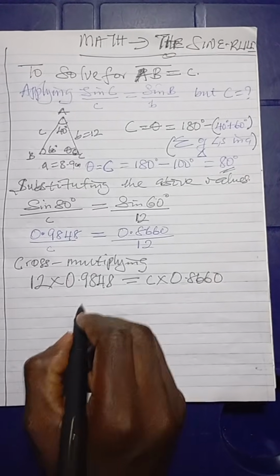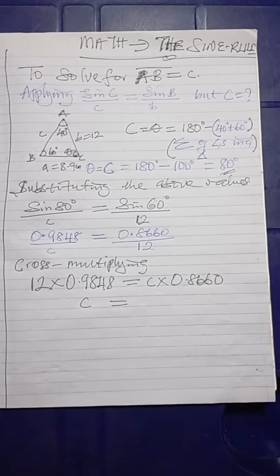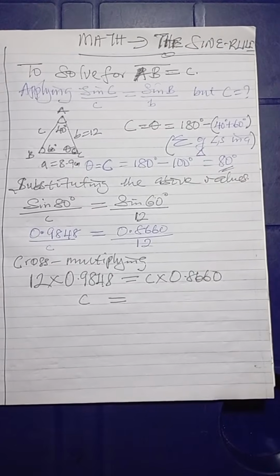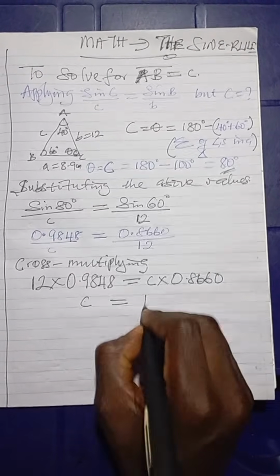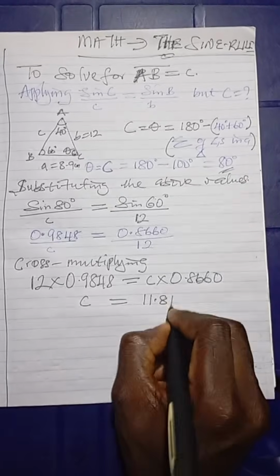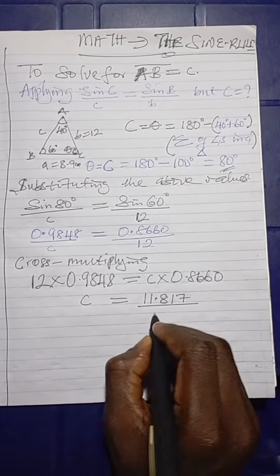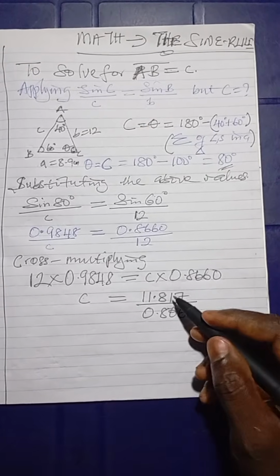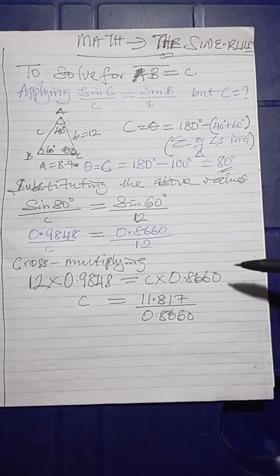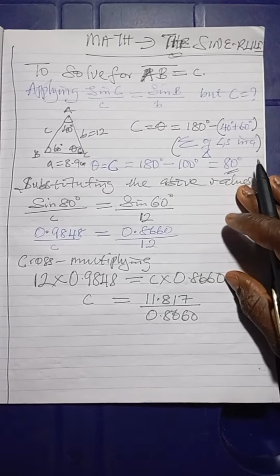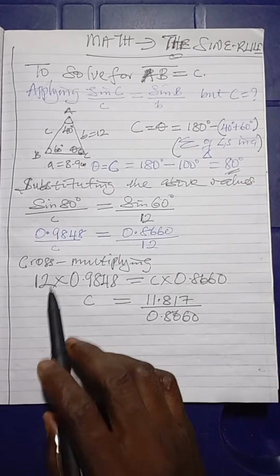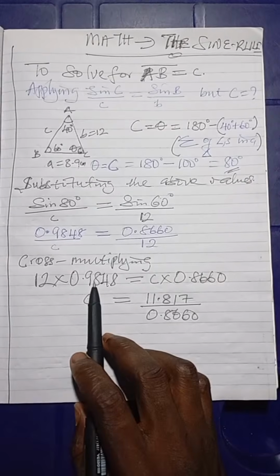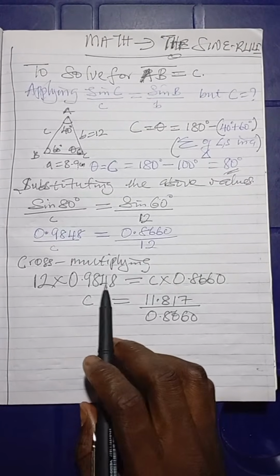So that c will be 11.817 divided by 0.8660. Where is this 11.817 coming from? Remember, it is this 12 times 0.9848.